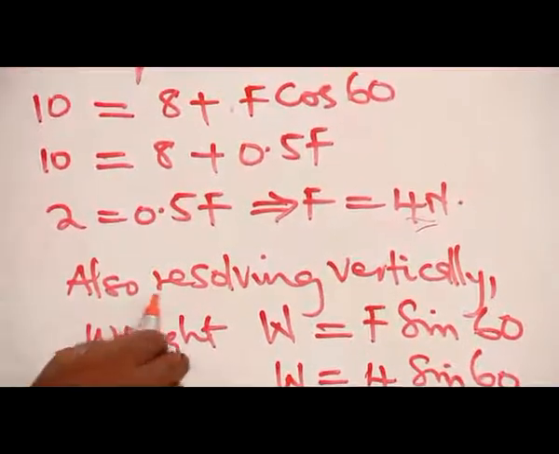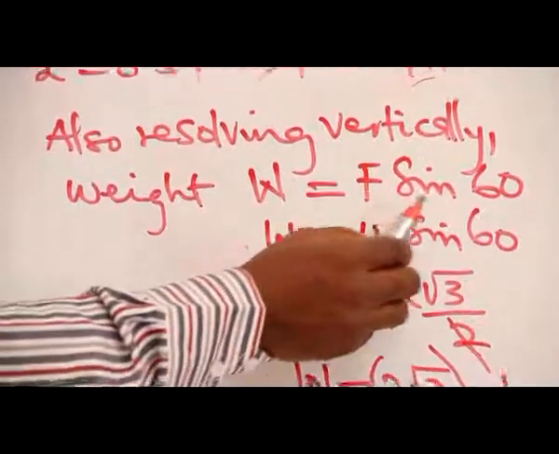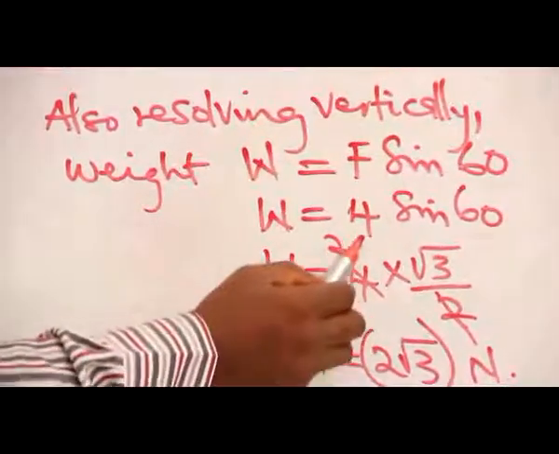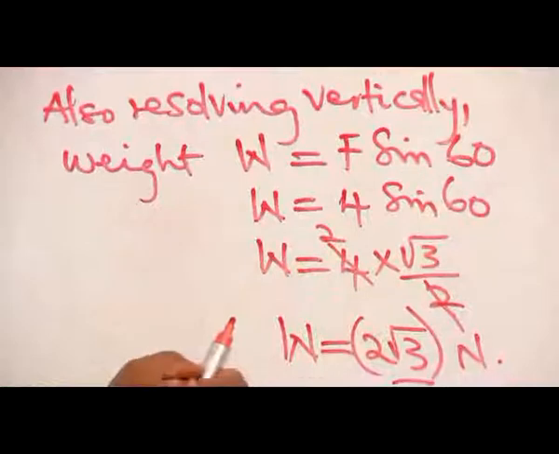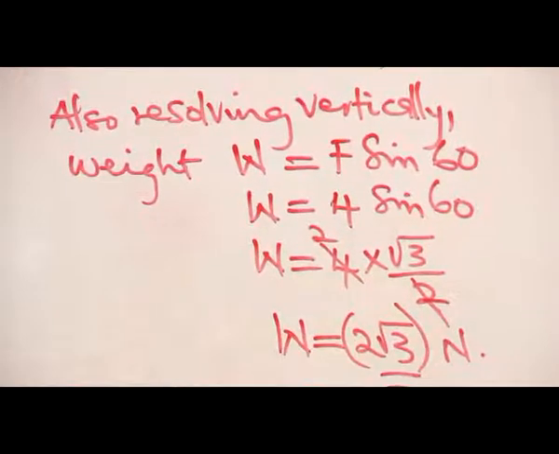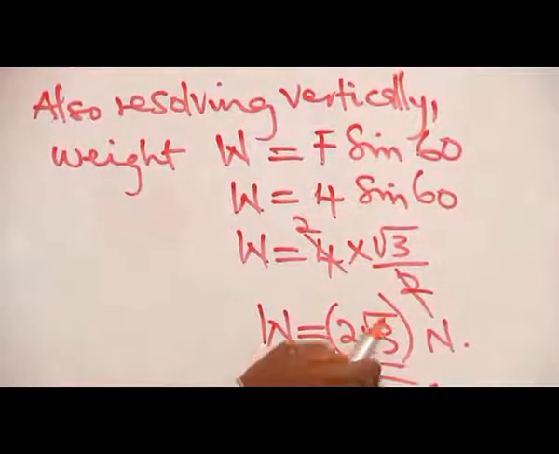Then also resolving vertically, weight equals F sine 60. Weight equals, already F is 4, 4 times sine 60, which is root 3 over 2. Therefore, the weight of the body is 2 square root of 3 Newton.